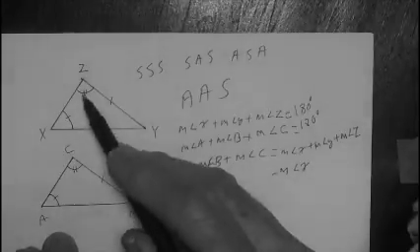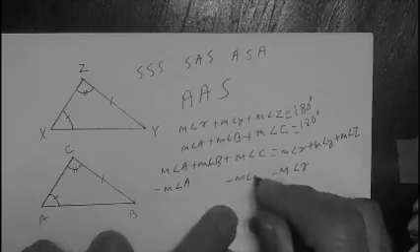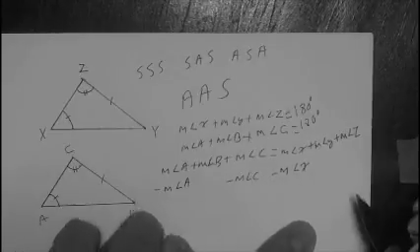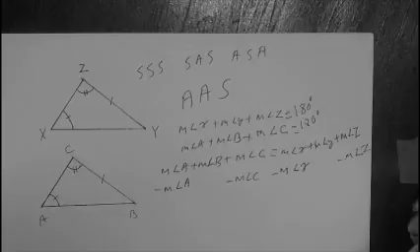And if I want to do the same thing for C and Z, I could subtract the measure of angle C from this side and the measure of angle Z from this side.